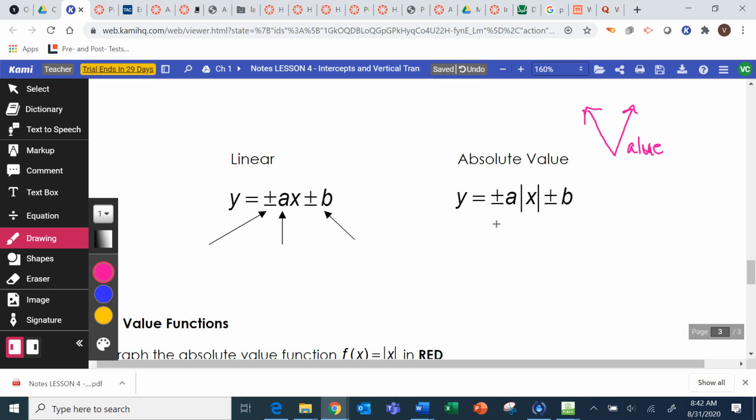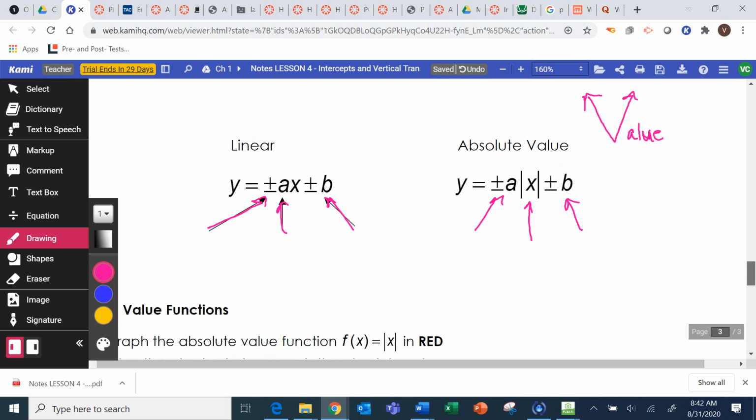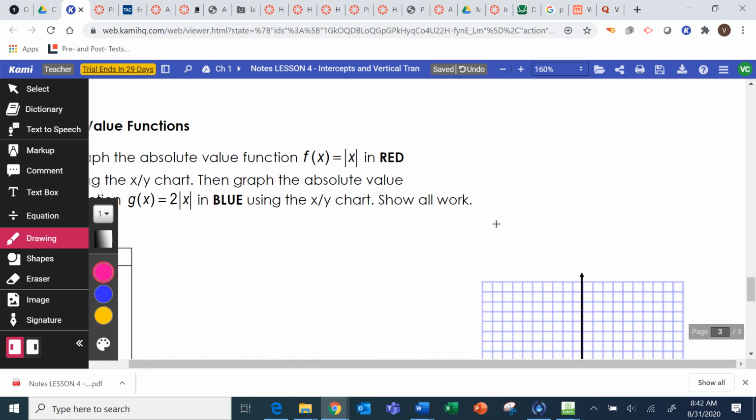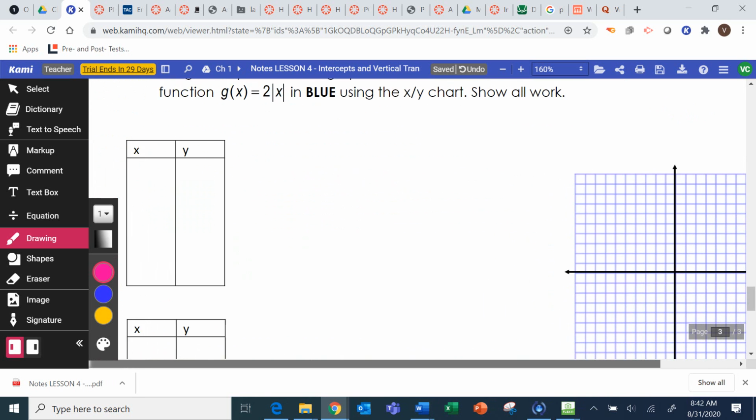This has the exact same transformations as a linear does. But this time we're starting with a different parent function. So we're going to graph our absolute value parent function in red. I'm going to go ahead and put some points in.